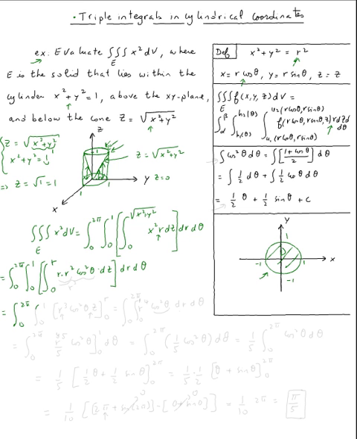Now this is r cubed. All of this is constant with respect to dz, so that will be r cubed cosine squared theta times z between 0 and r. Now all I need to do is plug in r for z. It will be r times this r cubed, so that will be r to the fourth cosine squared theta minus 0, dr d theta. I forgot the integral from 0 to 1.